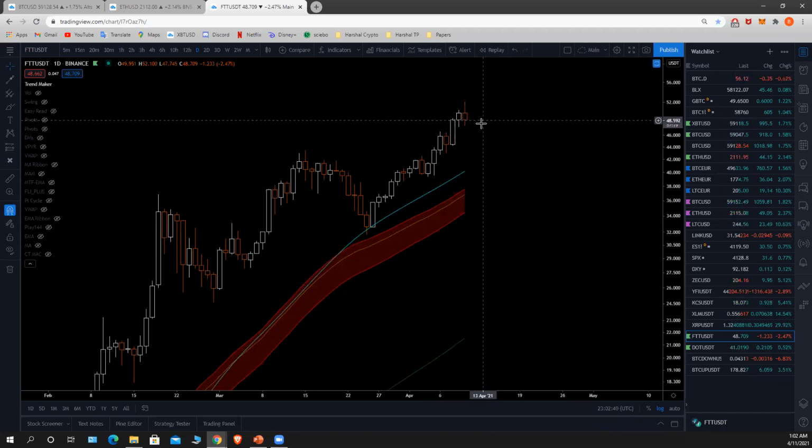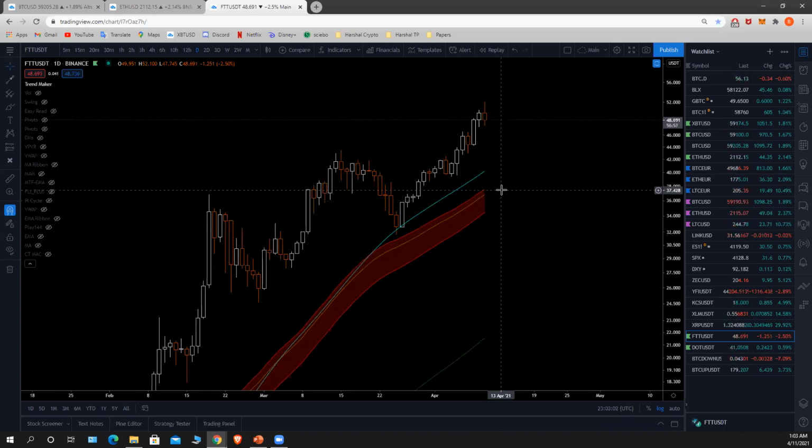Kind of a top-looking candle. So we will see if tomorrow we get follow through on this red candle. So follow through means if we get another red candle which breaks the low of this candle, if we get that candle tomorrow, then we can expect FTT to come down further into this ribbon support again. Yeah, around the 37.5 to 34 area.